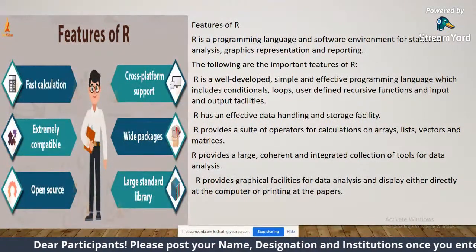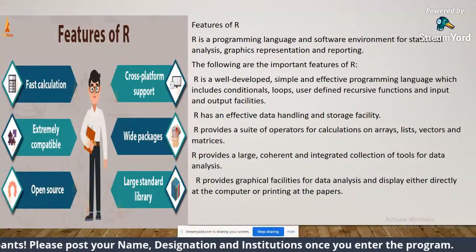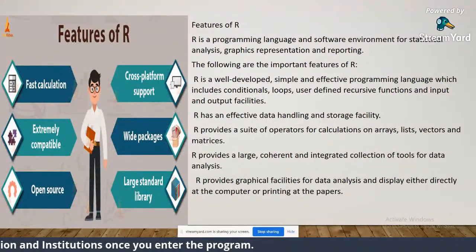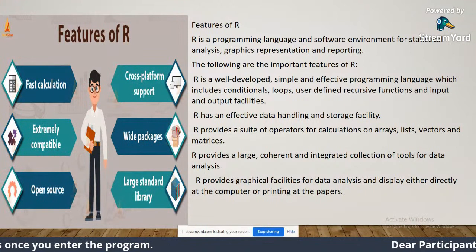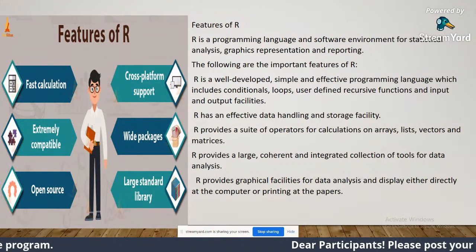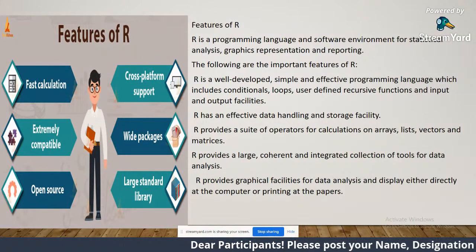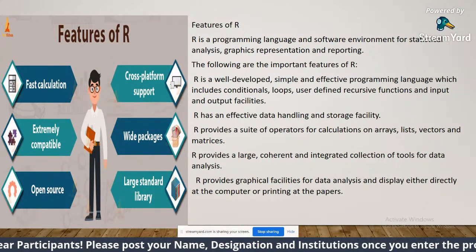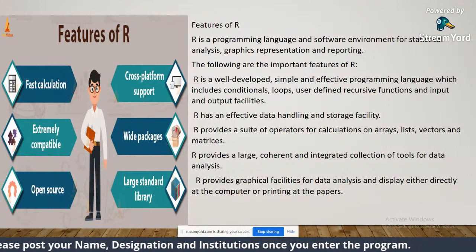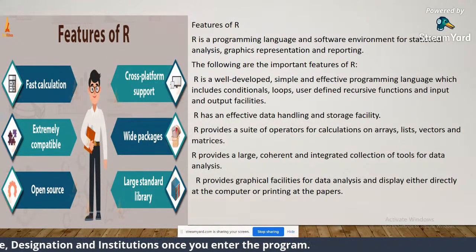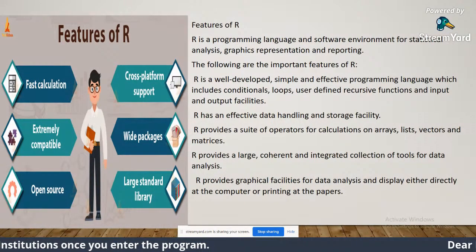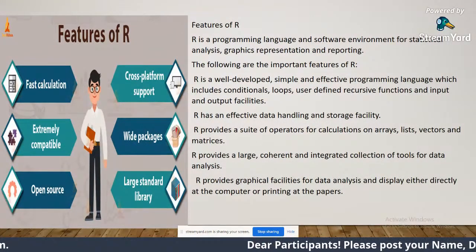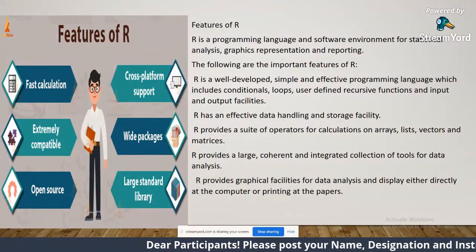Just as I put 5 plus 4 into a calculator and immediately get 9, I can do the same in my R editor, without writing any program, assigning a variable, adding it, or printing the variable. I can just use my editor like a calculator, so whatever calculation I want, I can do it quickly.